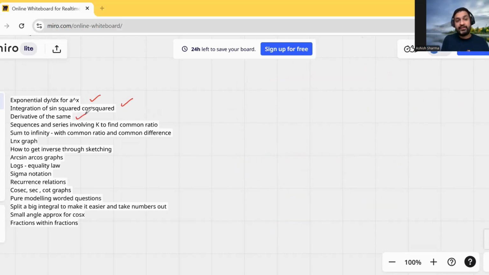What about derivatives of these? Well, sometimes this does come up. If I was asked to differentiate this, then a lot of students can sometimes panic or freeze. I mean, really, if you convert it into sine x to the power of 2, this becomes a chain rule problem.